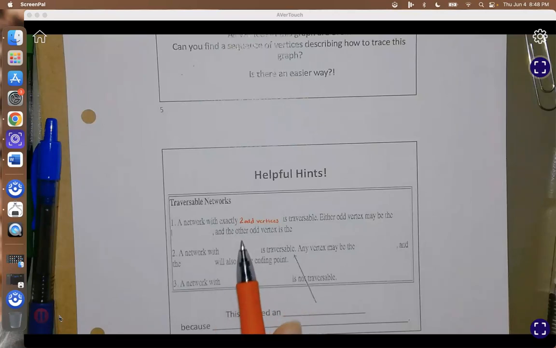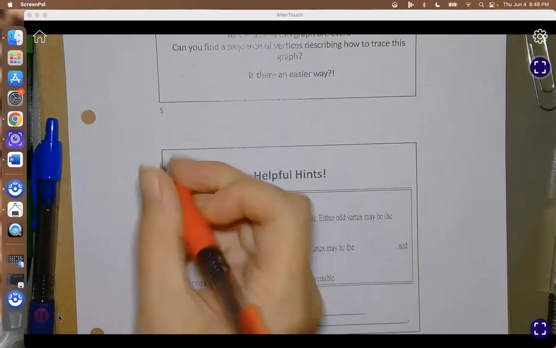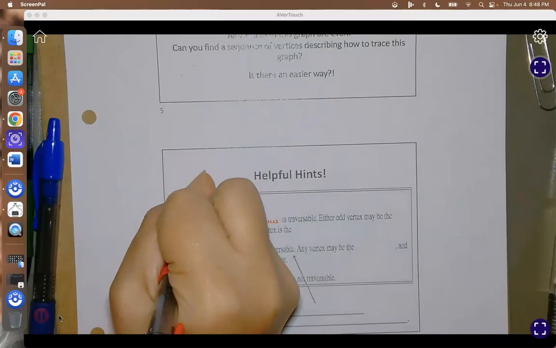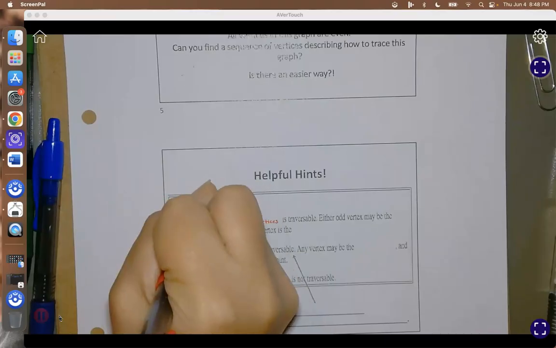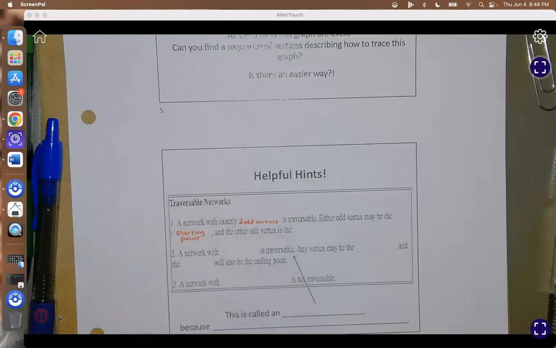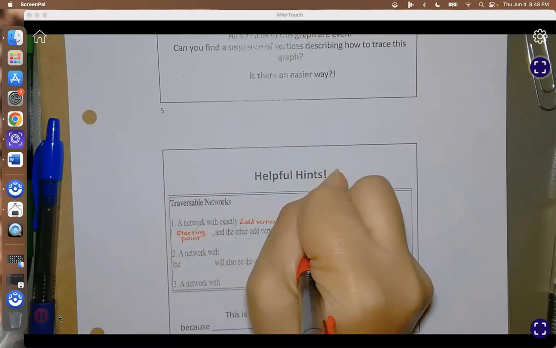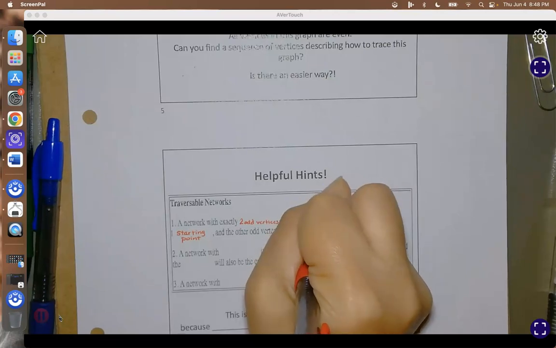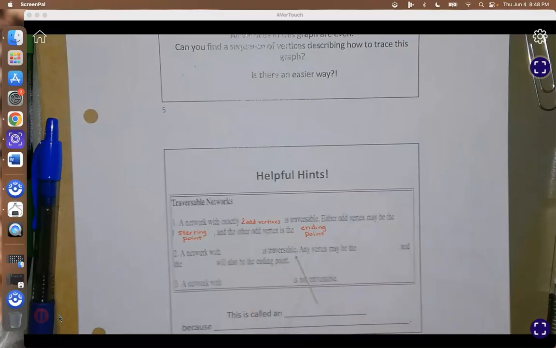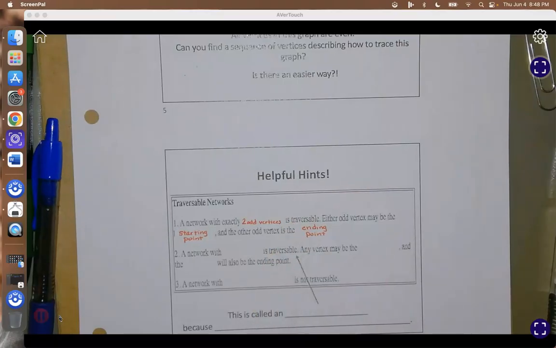If you have 2 odd vertices, it's traversable, and you pick one or the other odd vertex as your starting point, and the other odd vertex would be your ending point. That's going to make your life so much easier. So that will be so much easier to trace a path.